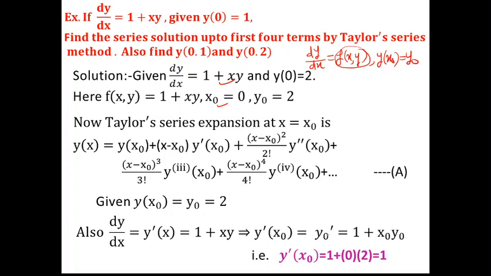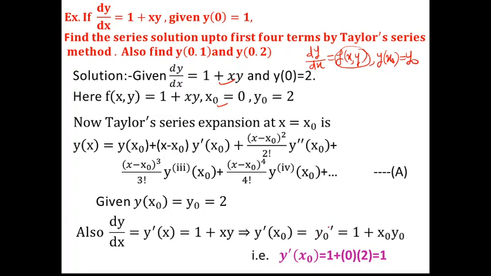So y dash at x naught becomes y naught dash. This one should be remembered. I am going to repeat this again. When I put the value of x as x naught in this derivative, x will get replaced by x naught, but the value of y at x naught as per this notation is y naught. So y at x naught is y naught. In a similar way, y dash at x naught will be denoted by y naught dash.